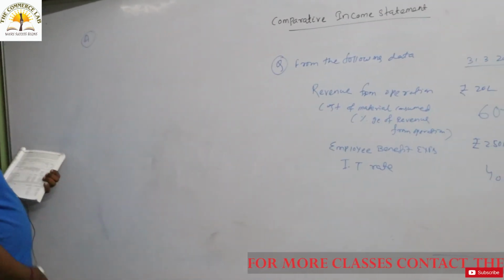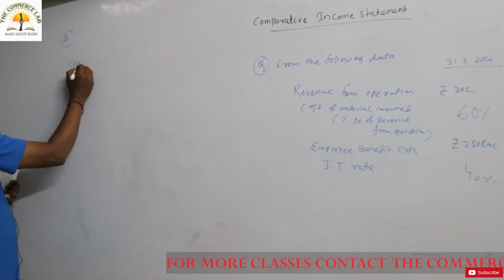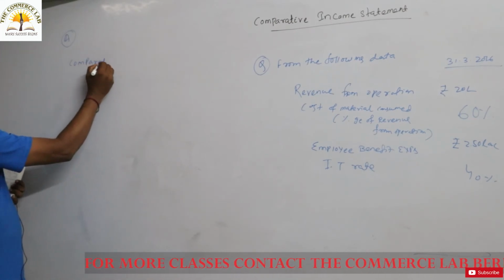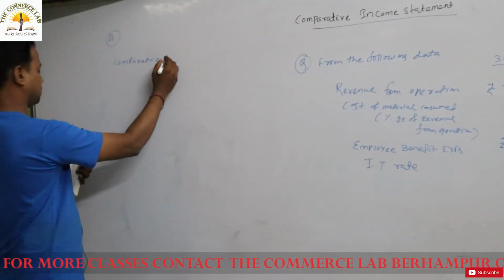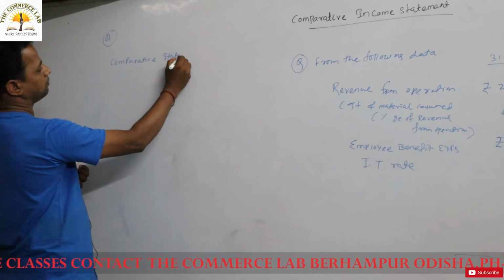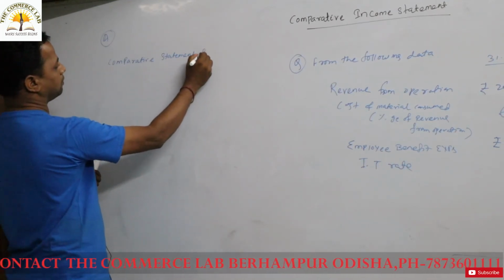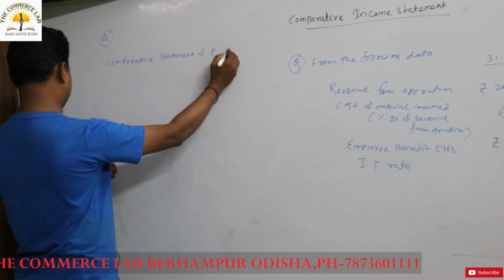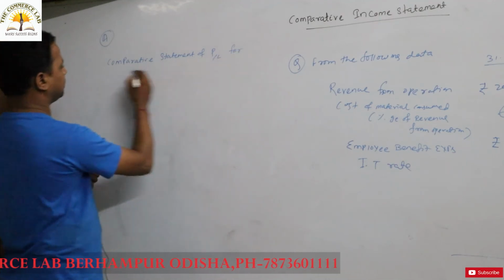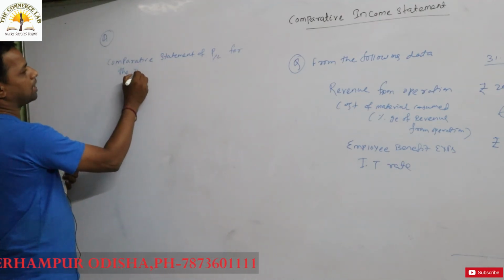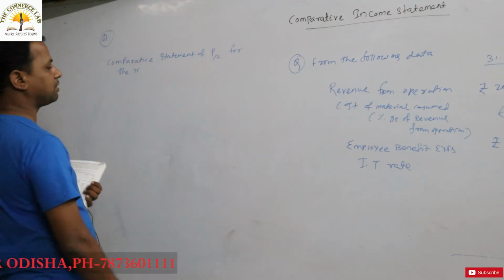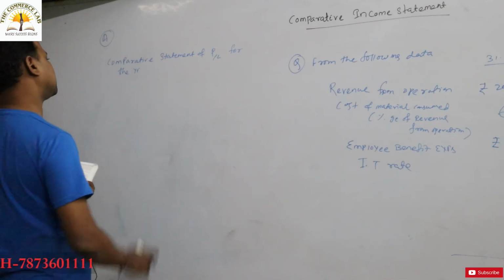How to prepare this? Simply you have to write: comparative statement of profit and loss for the year ended. There are 2 years. One is 31st March 2015 and another is 31st March 2016.